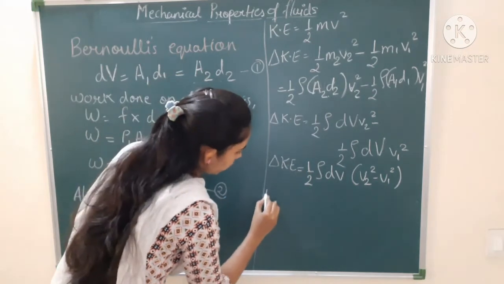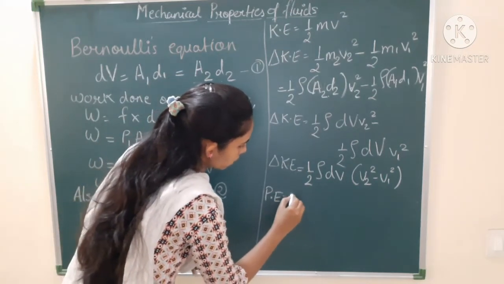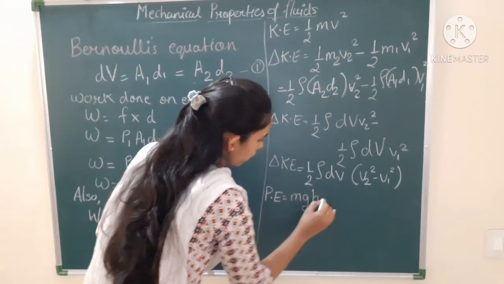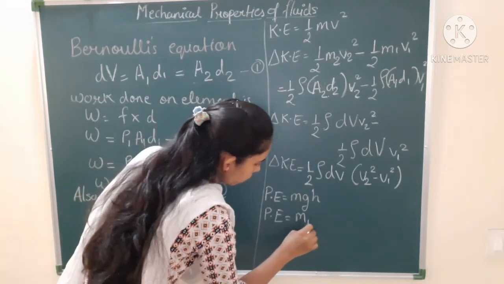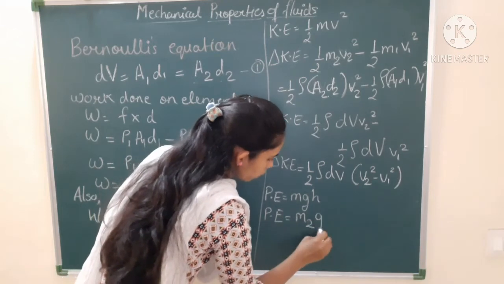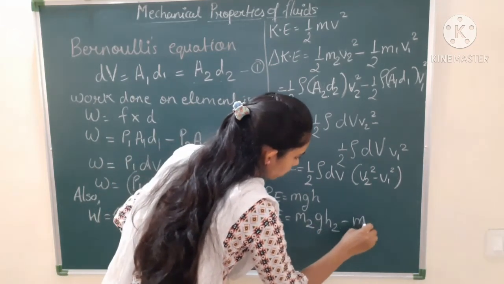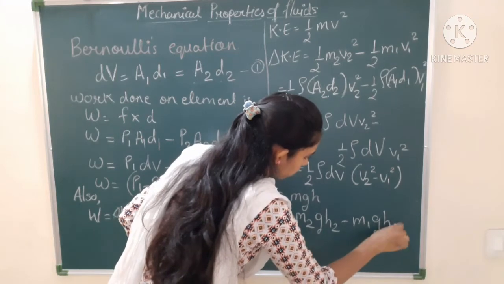Then potential energy. Potential energy is nothing but mgh. So here potential energy is equal to m2 g h2 minus m1 g h1.